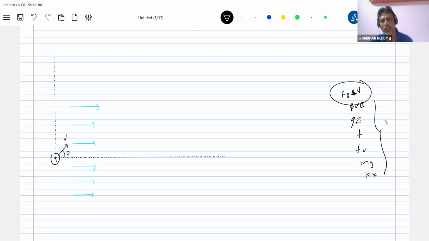How will the motion be? We'll resolve this into two parts: v cos theta and v sin theta. Due to the component v cos theta, it is along B bar, so it moves along the field. Now due to v sin theta, it's going to describe a circular motion.